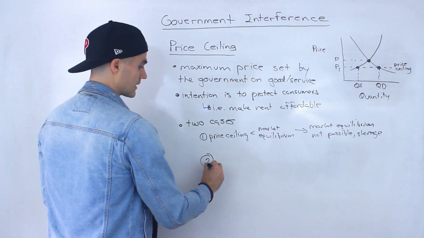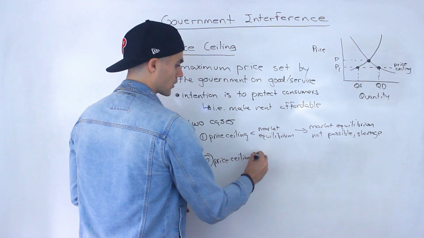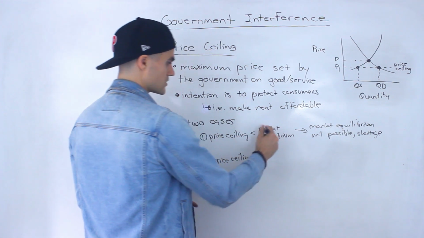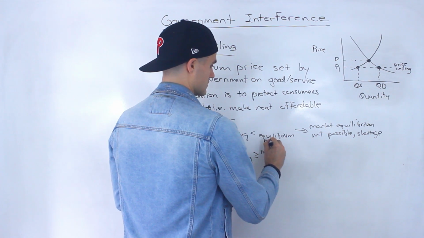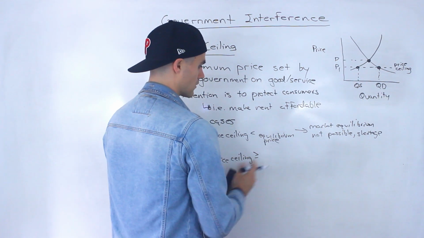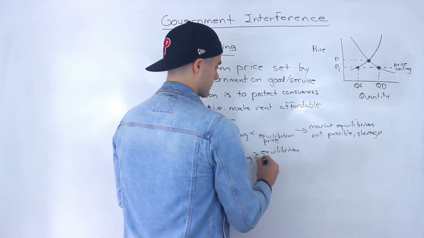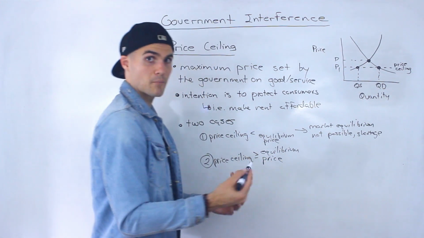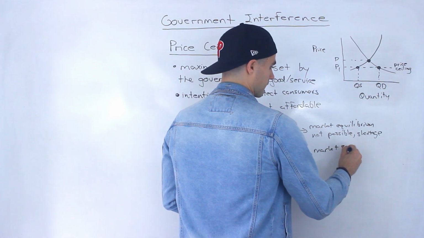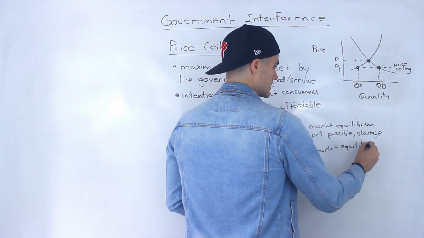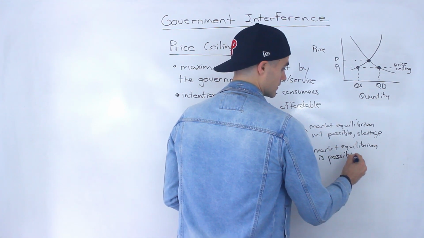However, if the price ceiling is greater than or equal to market equilibrium, or this should be, equilibrium price. My bad. So yeah, if it's greater than or equal to the equilibrium price, then that market equilibrium is possible. Because the equilibrium price is going to be a legal price in the market.